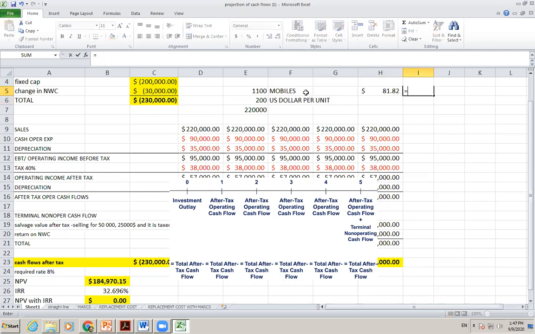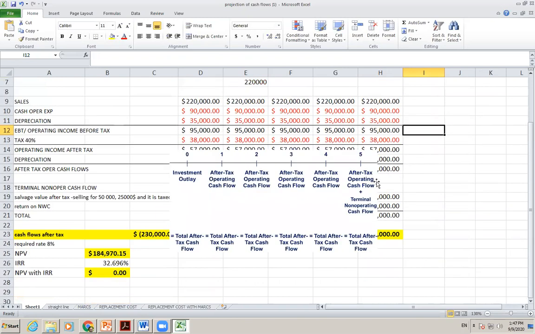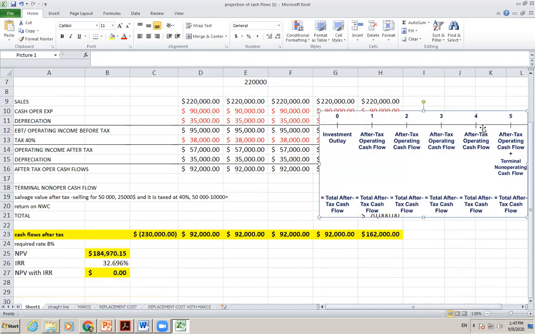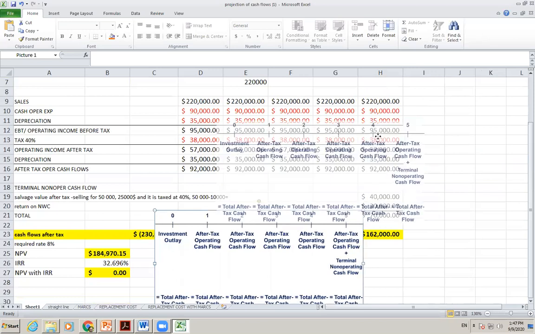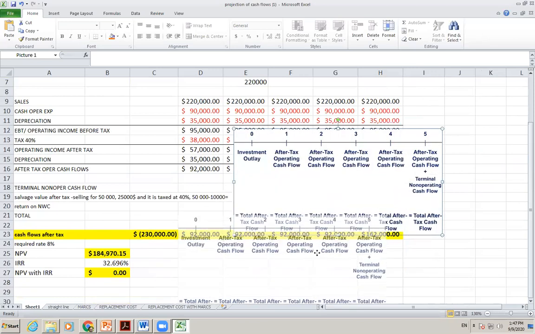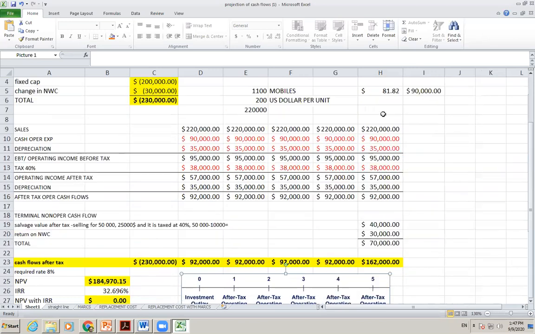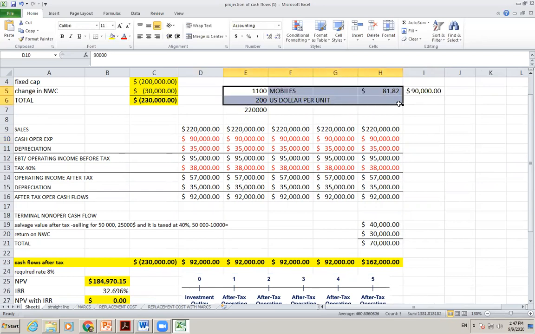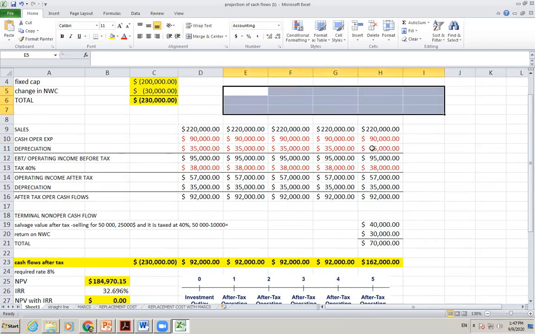So what do you do? Multiply, and you get 90,000. This is how it works. This is how you find it. Sometimes it will be given to you, and sometimes you have to calculate it using these numbers. It's just a simple calculation.